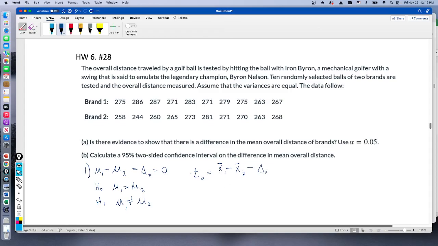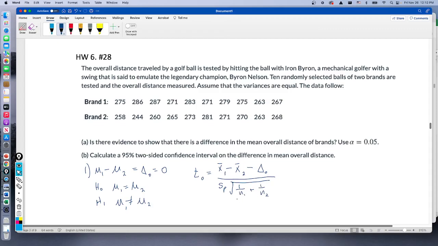But if we were looking for a difference, there could be a number there. In this case, it would be 0. And then we've got this. Remember this pooled variance, square root 1 over n1 plus 1 over n2.